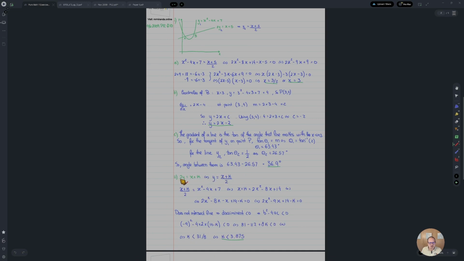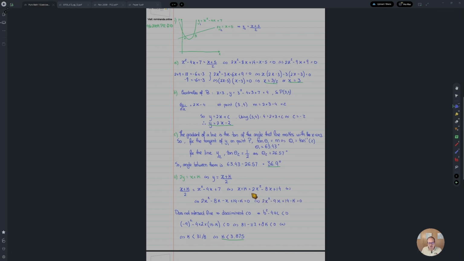I wrote the equation of this line as y equals mx plus c. I equal it to the quadratic to get any points of intersection. And then I have a quadratic that is expressed in terms of k.